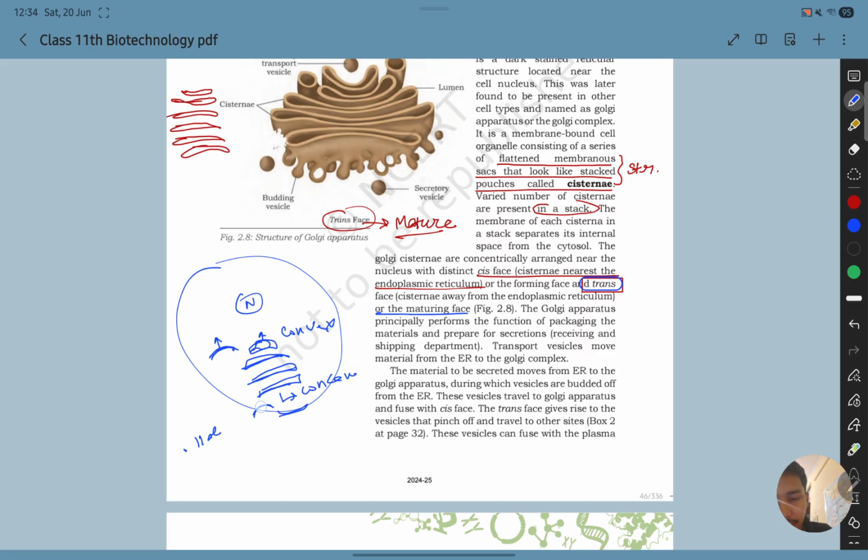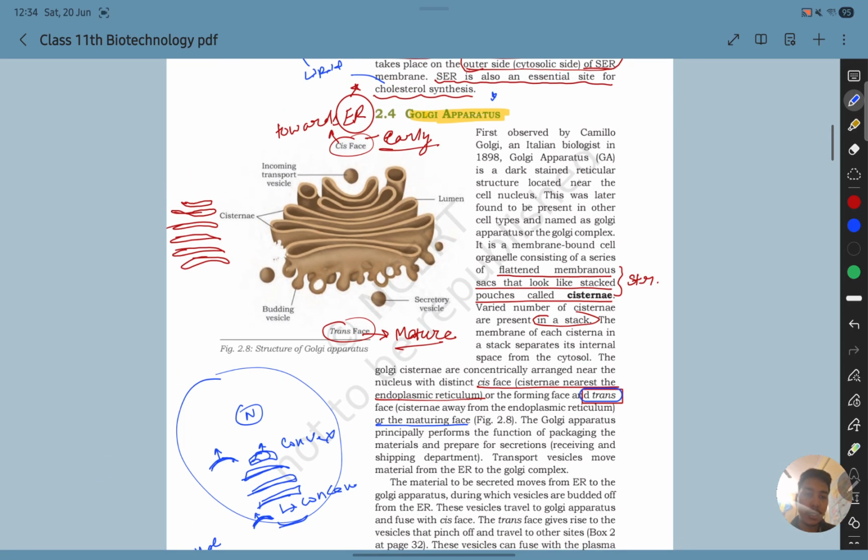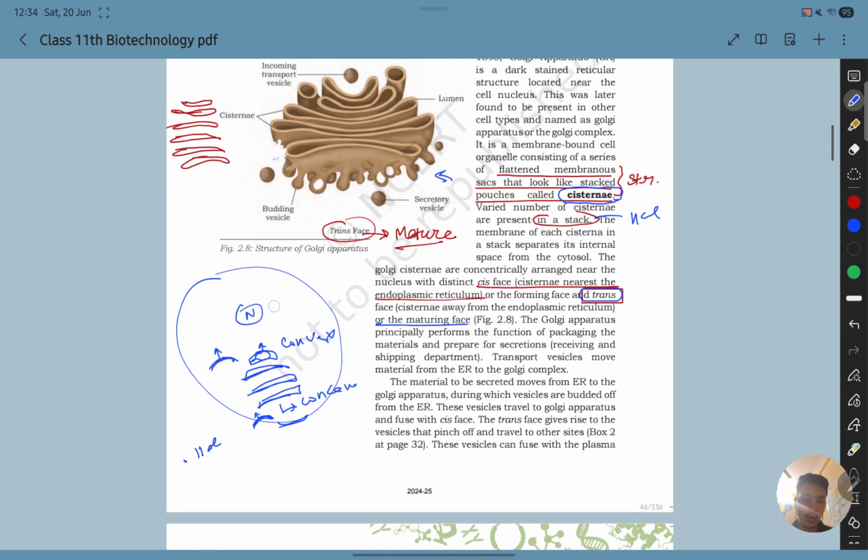It bends outward on one side and inward on the other. This is the main thing. The structure of the Golgi apparatus is very famous. It is a stack of parallel folds, and the structure is known as the cisternae shape.